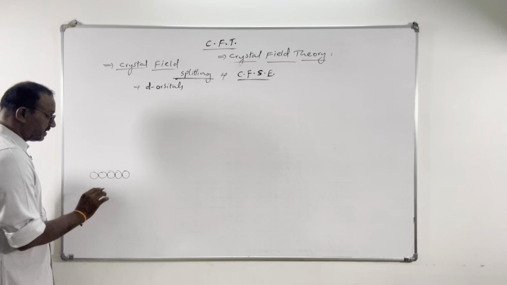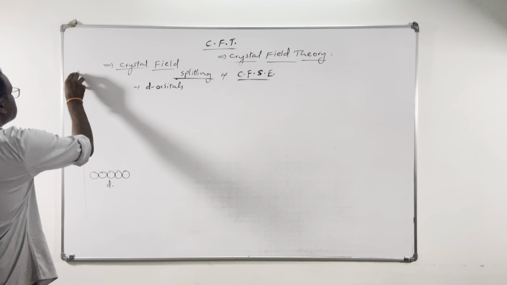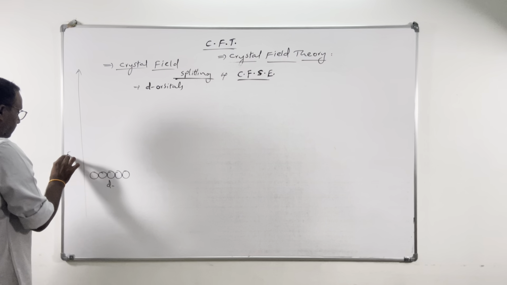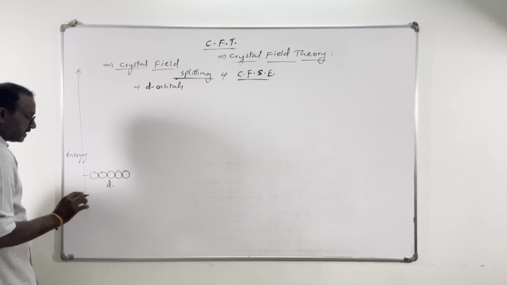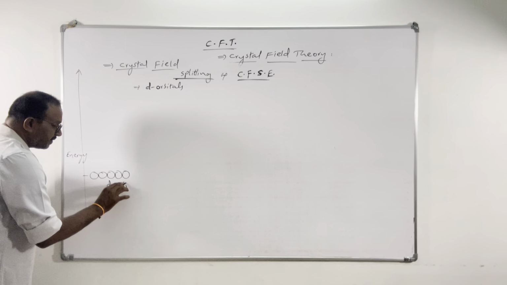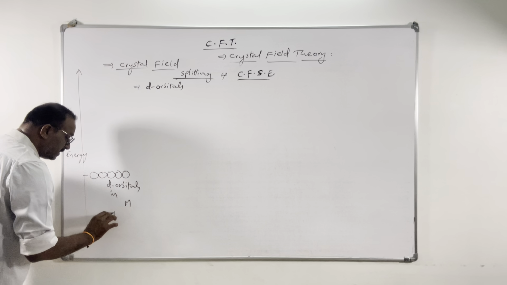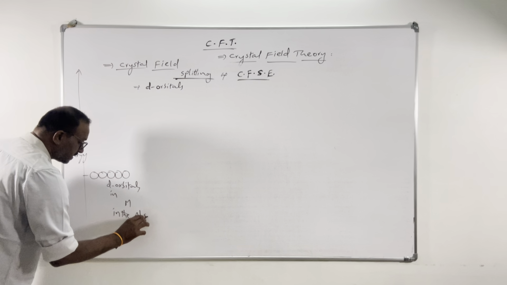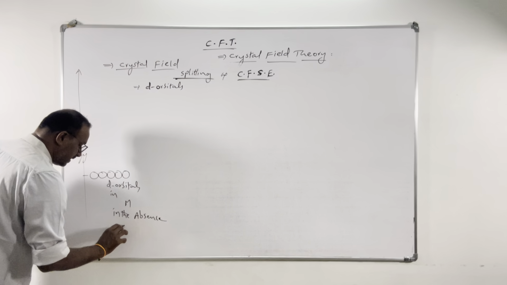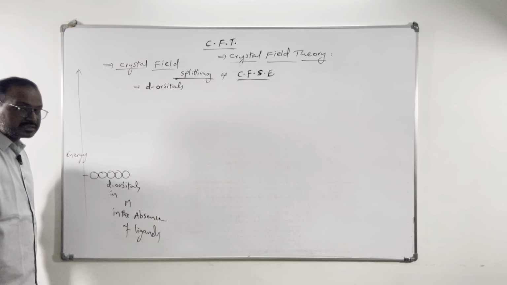Five d orbitals will be there. Suppose I take this energy order: this is the energy of d orbitals in M in the absence of ligands.